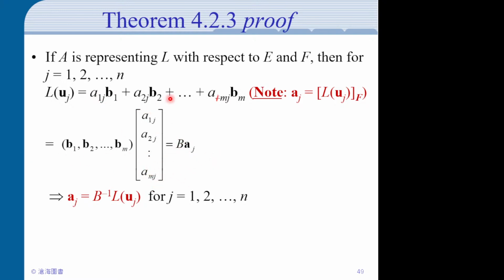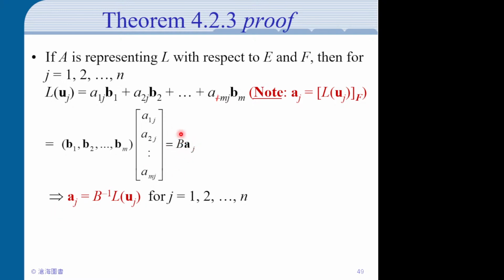Okay, so those are all equal signs together. So we see the L of Uj in standard basis is this B's in standard basis, as a matrix, times the vector we want to find, which is Aj. And then because B is a basis, it has an inverse. Then we just multiply B inverse on both sides.